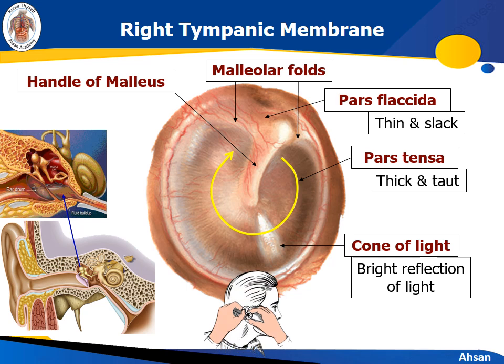Like this patient is seen, this is the right tympanic membrane. So look at the cone of light. This is directed towards the right. So if we see the direction of the cone of light, we can say the side of the tympanic membrane. This is from the right side.